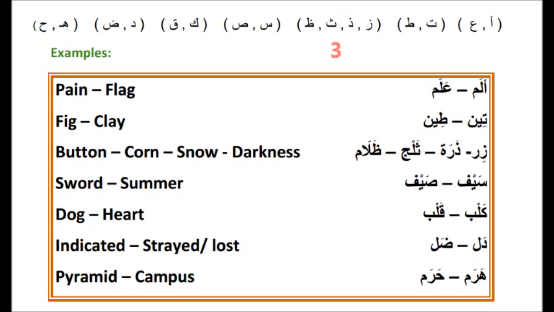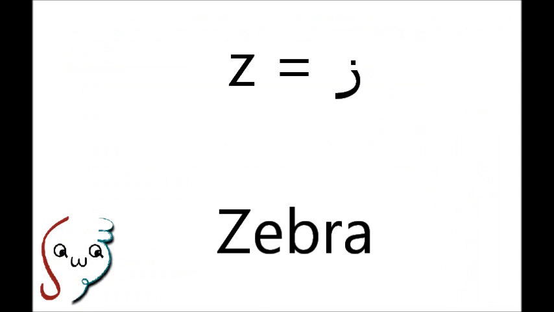Dhalam. The letter Zain, with the vowel sign Fatha, the pronunciation would be Z. It's like the Z in the English alphabet, like in the word zebra, for example.